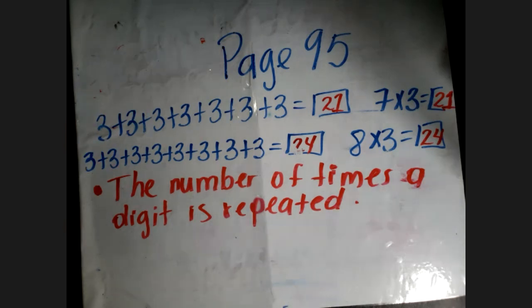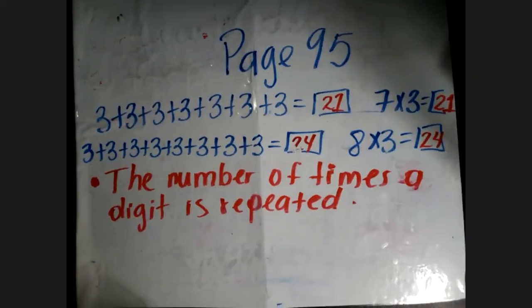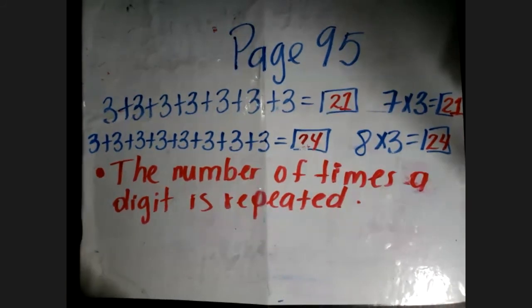¿Qué significa el segundo número? ¿Por qué tengo un número 3 aquí y un número 3 acá? ¿Por qué? Why?